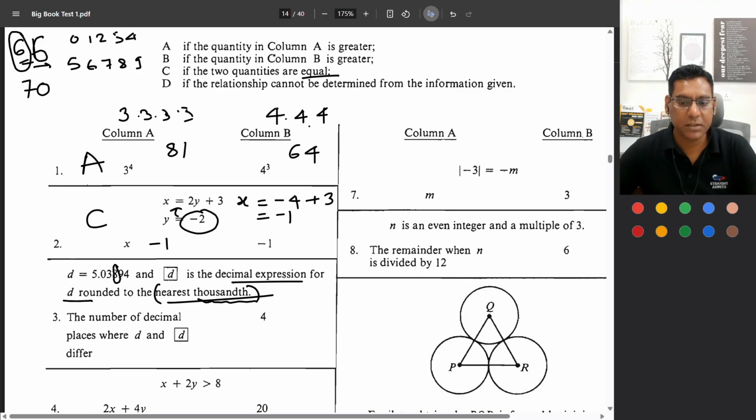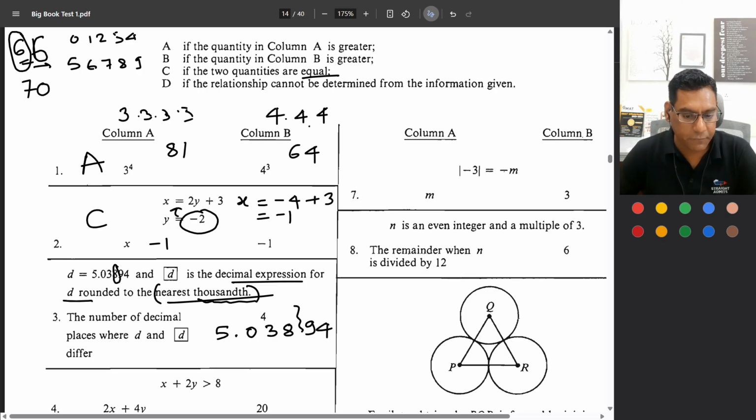Okay, so let's see. 5.03894. I keep this fixed. What do I have next? I have 9, so I'll have to round it up. That means the number I'm going to get is 5.039 and then 00.